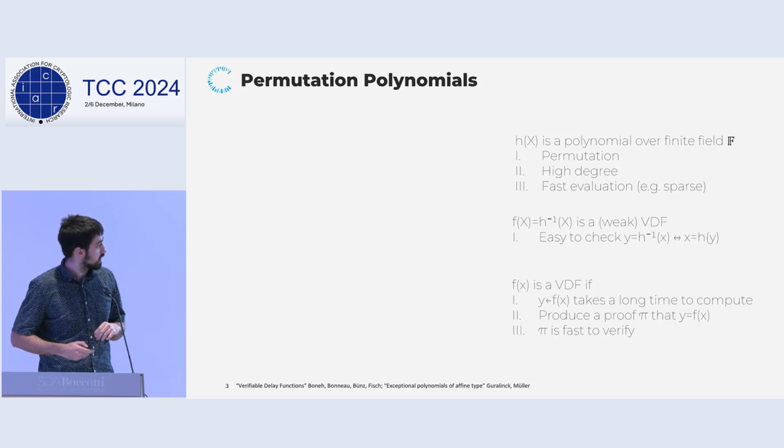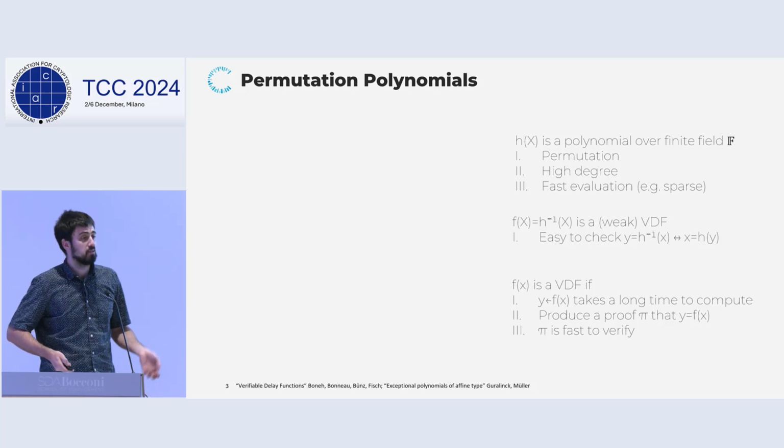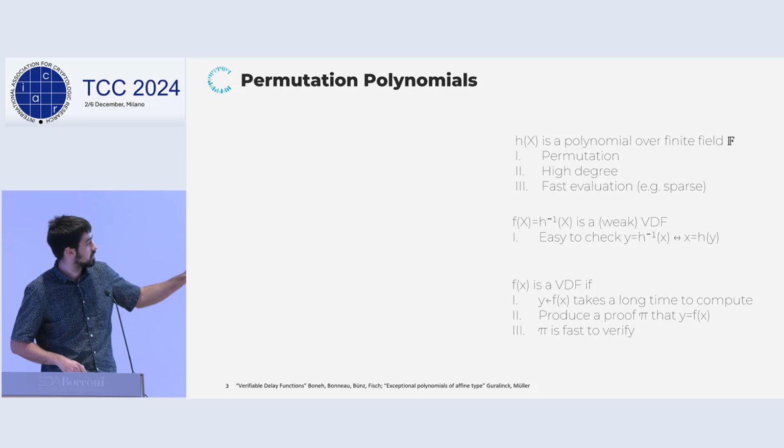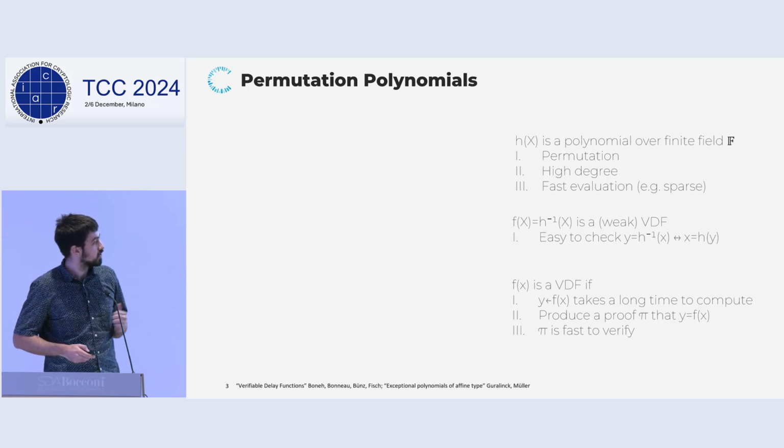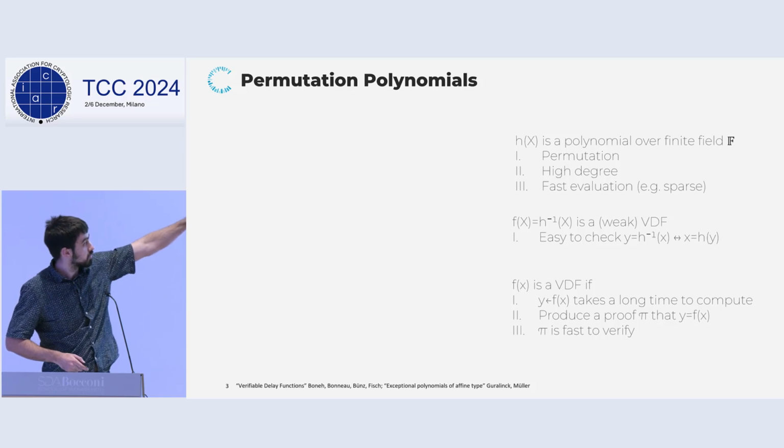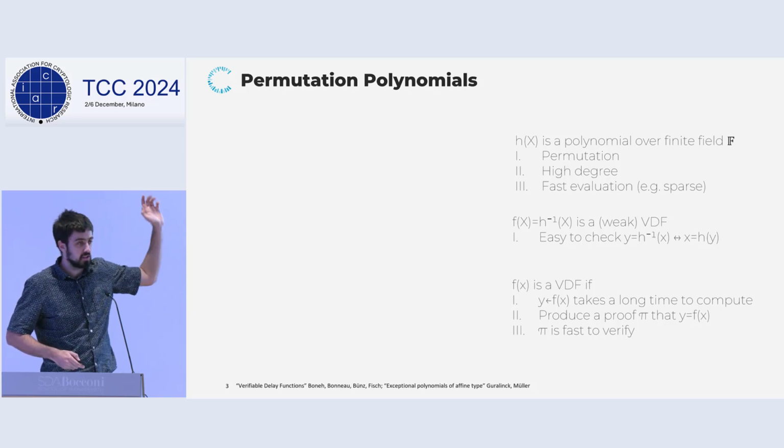Okay. Why is it a VDF, not just a delay function? Because checking that h inverse of x is y is fairly easy, because you can just evaluate h on y, and because one of the conditions is that it's fast to evaluate, this is enough.